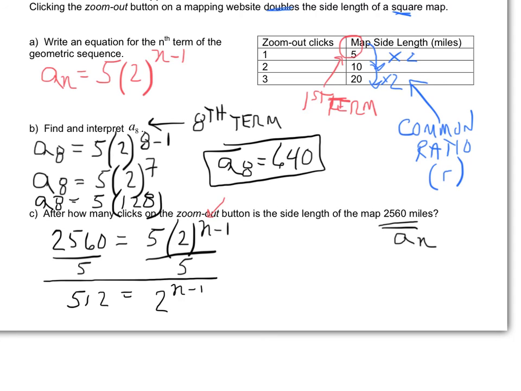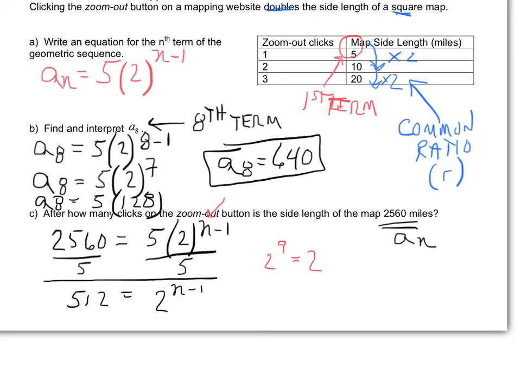Now, there's a couple different ways we can solve this. What we do want to think about is, can I write 512 as a base 2? On the right-hand side, we have 2 to the n minus 1. So if I can write 512 as a base 2, that would be ideal. I actually can write it as a base 2, and it is 2 to the 9th.